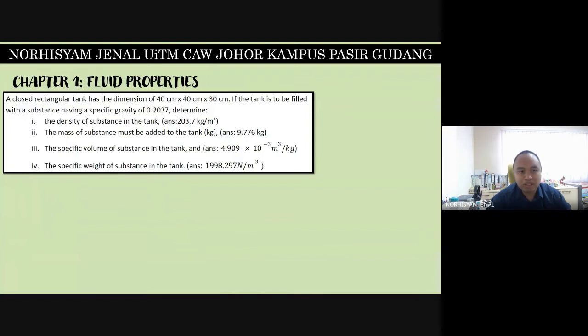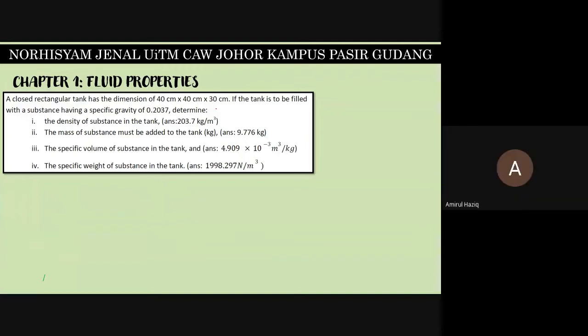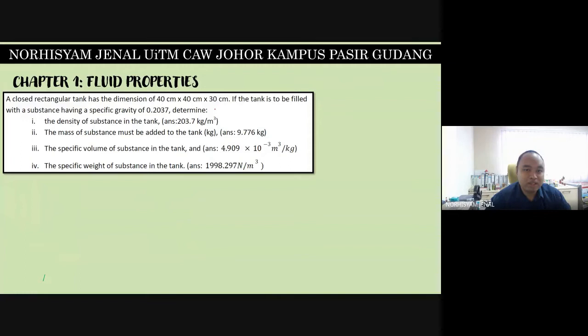Based on this question, we know that we have a substance going into a rectangular tank, and we know the specific gravity is 0.2037. Do you see any temperature or pressure here? No, right? They are not talking about gas or air, so we can assume we are not going to use the ideal gas calculation.